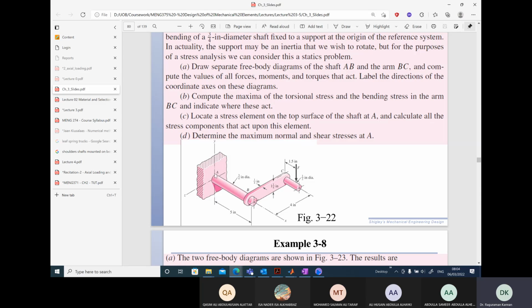In the same way, at the point A here, you will have a force and a couple of moments. So this is why we need to represent everything by vector quantity. So first let's draw the free body diagram.